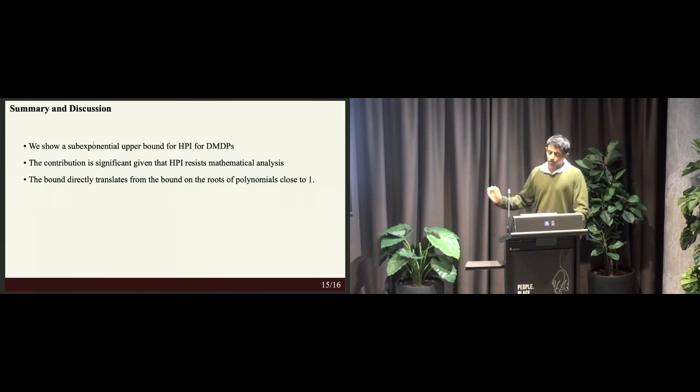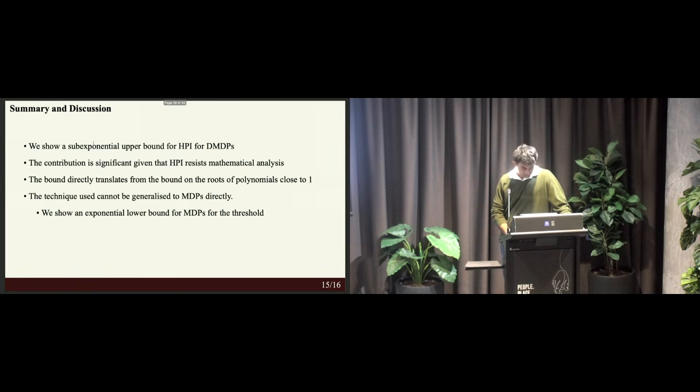So we have shown a sub-exponential bound for Howard's policy iteration for DMDPs, and this is significant because this has been difficult to show for decades.